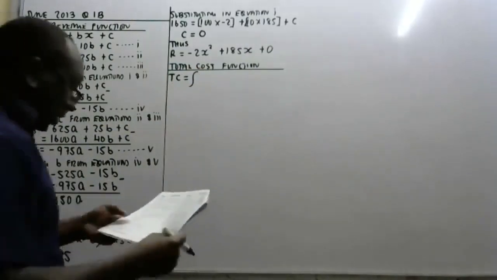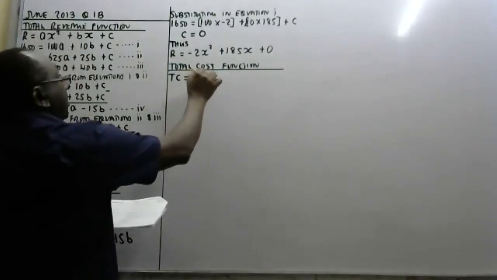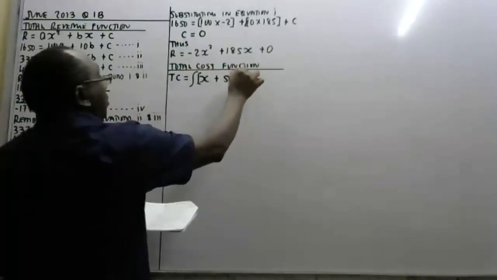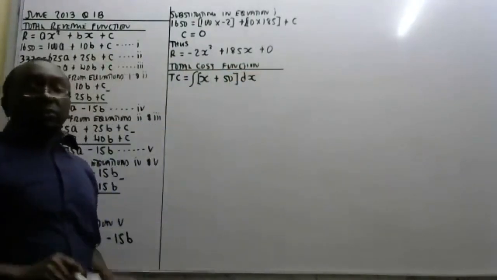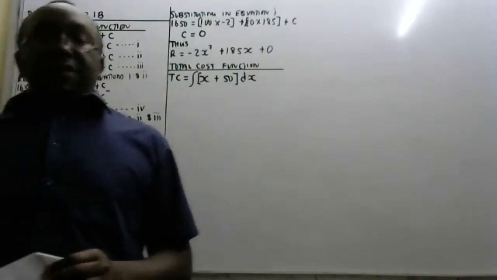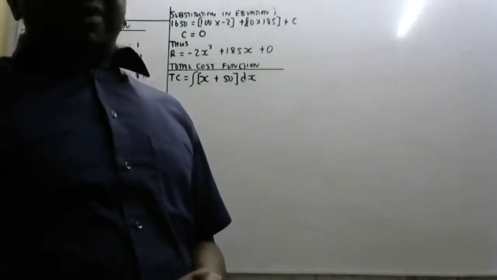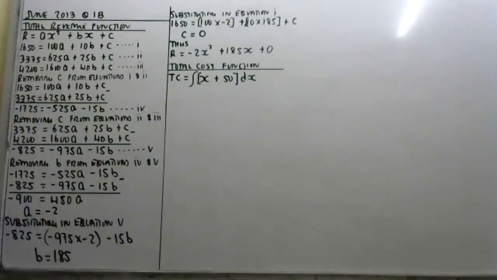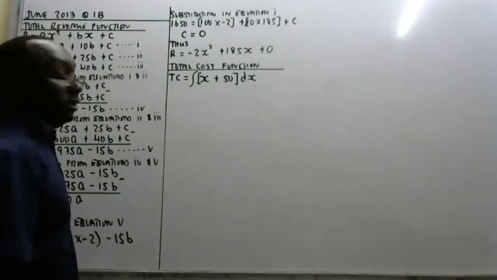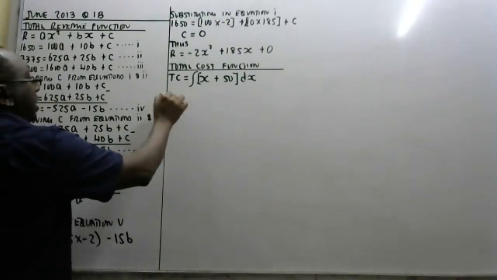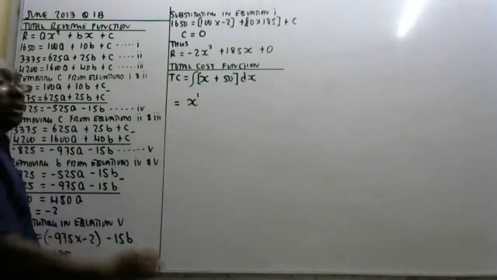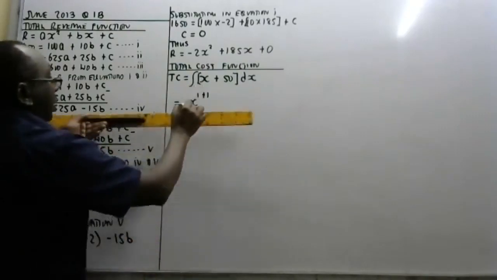The marginal cost function that is given there is x plus 50 with respect to x. And this is what we call indefinite integration, because we do not have limits within which you are integrating. Then from there, x is currently raised to power 1. You add back 1.